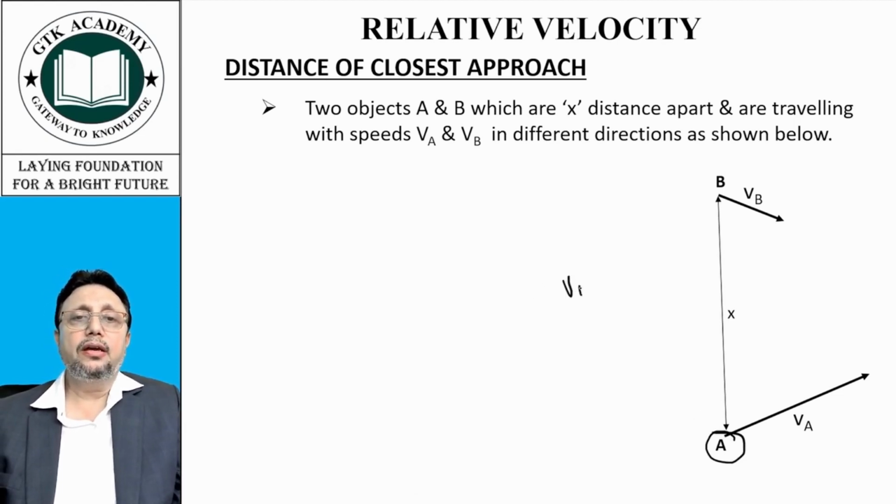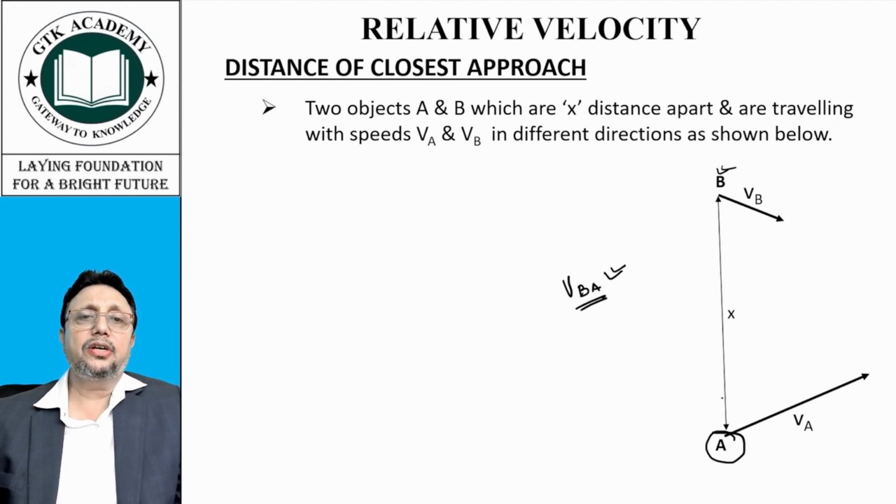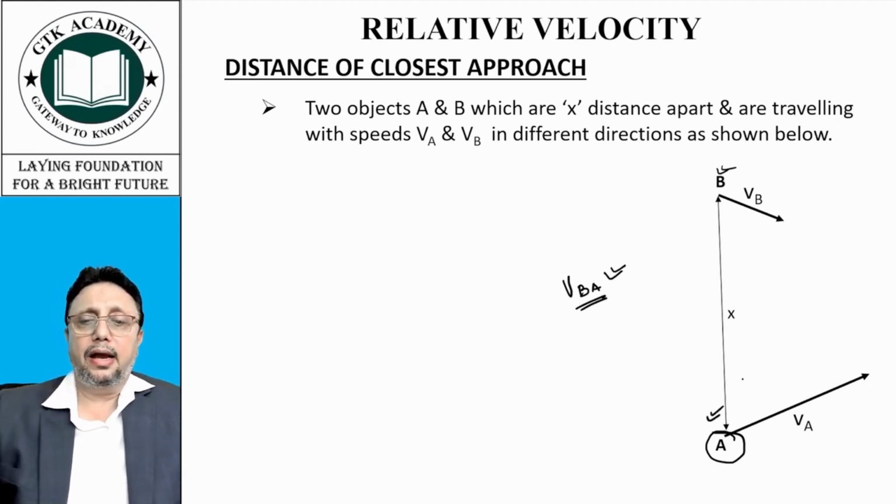Calculate V, the velocity of B relative to A. Then B will appear to move with this velocity to the stationary observer A, and in this direction drop a perpendicular from A. I'll just show you how.